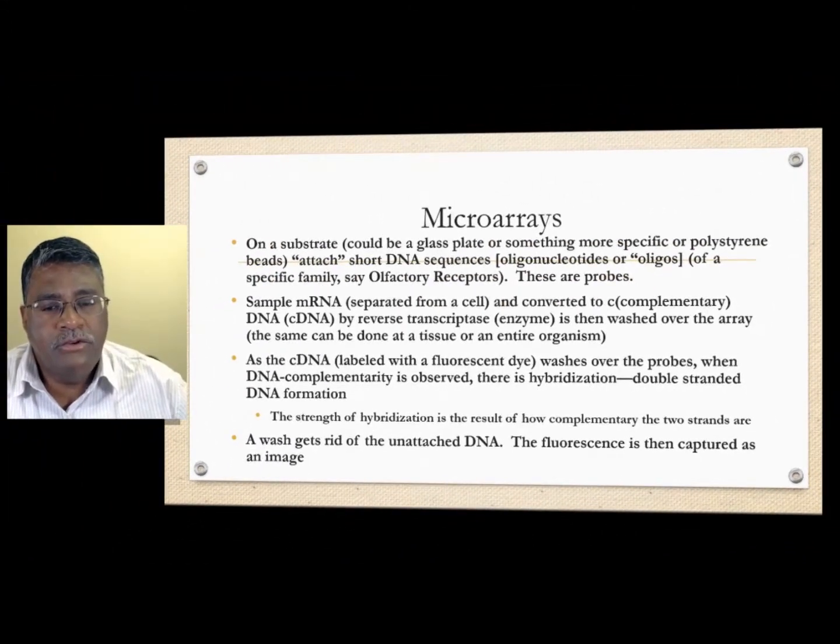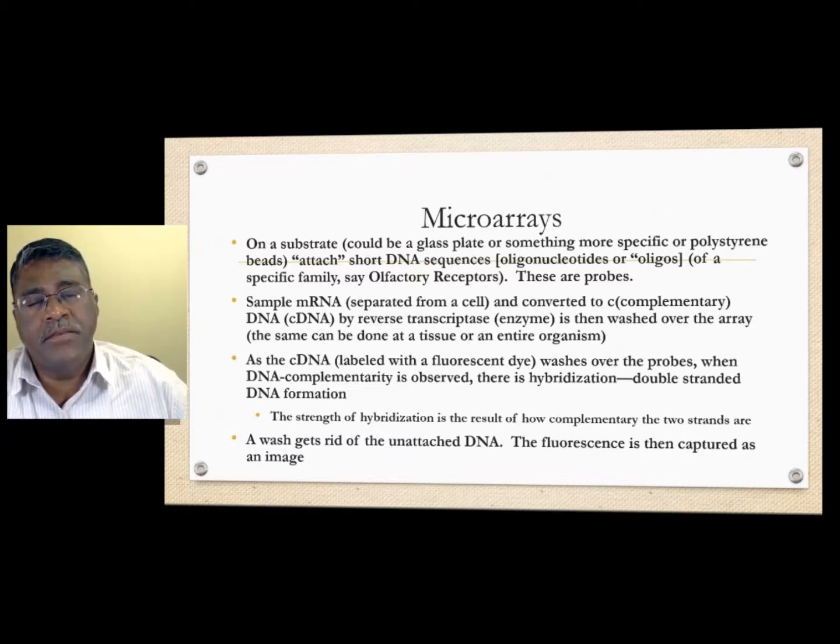The cDNA could be labeled with fluorescent dye, and when complementarity is achieved, there is hybridization, double-stranded, and the strength of the hybridization tells you how complementary the two strands are, and this strength could be quantified using the fluorescence response.